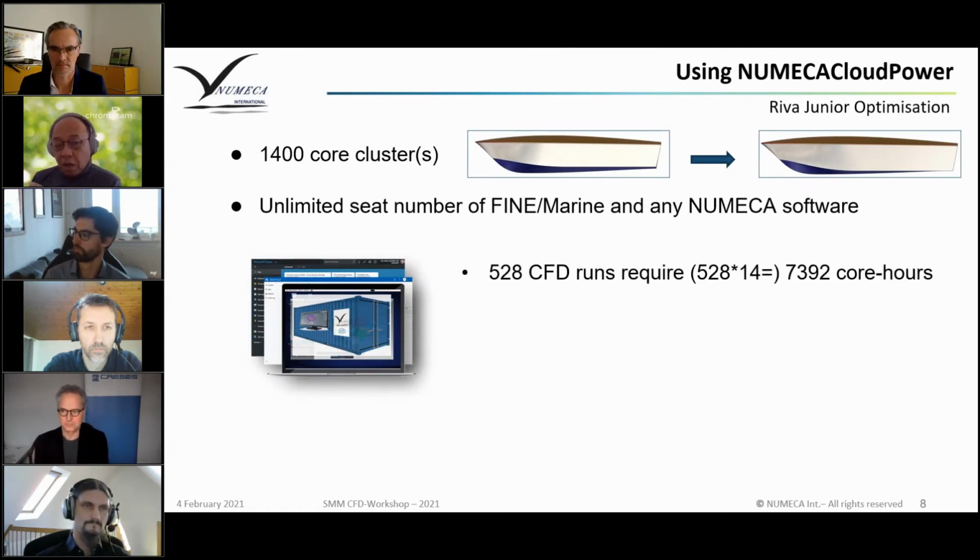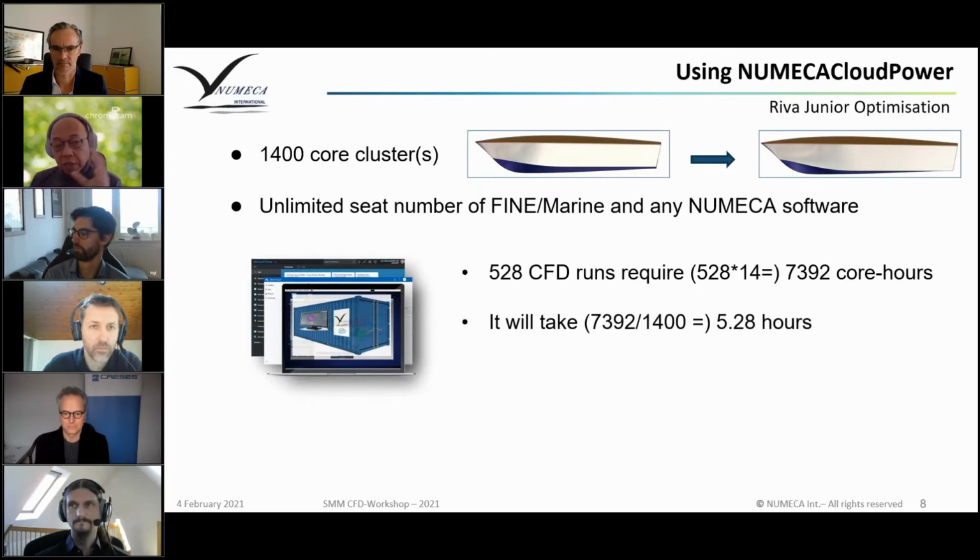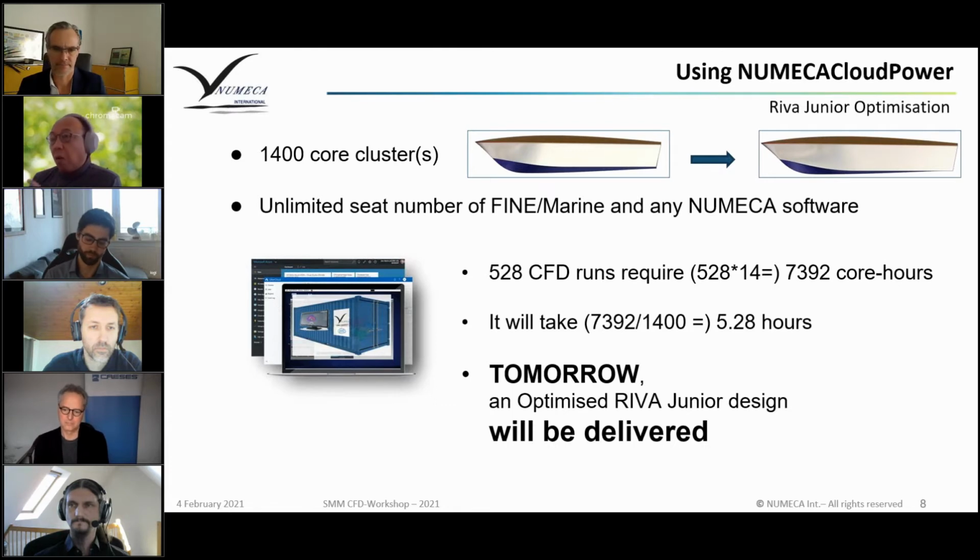And for the 528 CFD runs, which will require about, if we use 14 cores, 1 hour each, 7,400 core hours, with these 1,400 cores you can finish all the simulations in less than 6 hours. Then during the day you still have 3 hours to do analysis, data mining, your first report, and tomorrow you can submit the result to your customers.